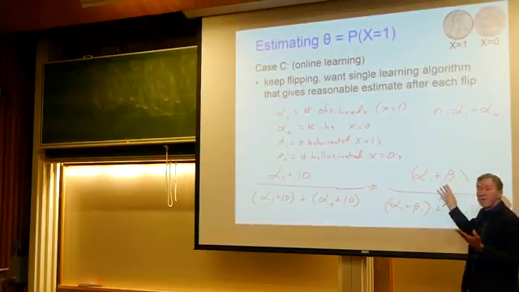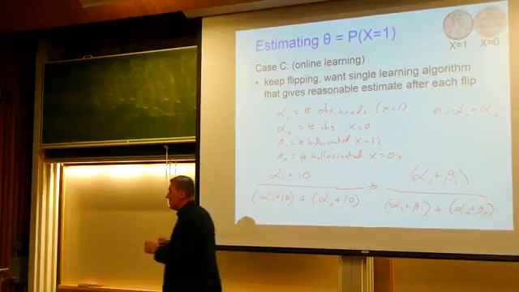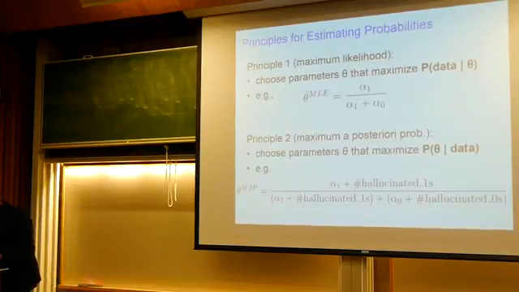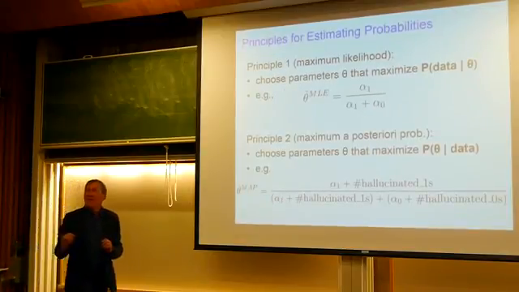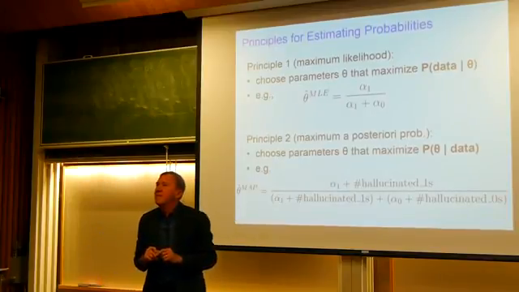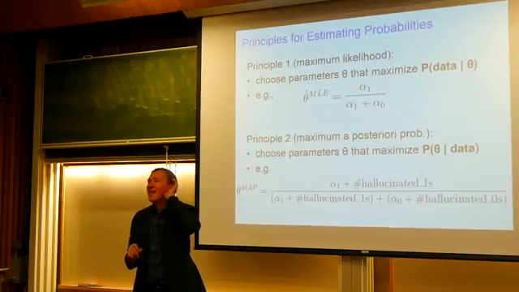And this happens to correspond to one of the two main ways of estimating parameters, in fact. Question, yes? What if you're going into a more complicated situation and you have no reasonable way to have a prior?